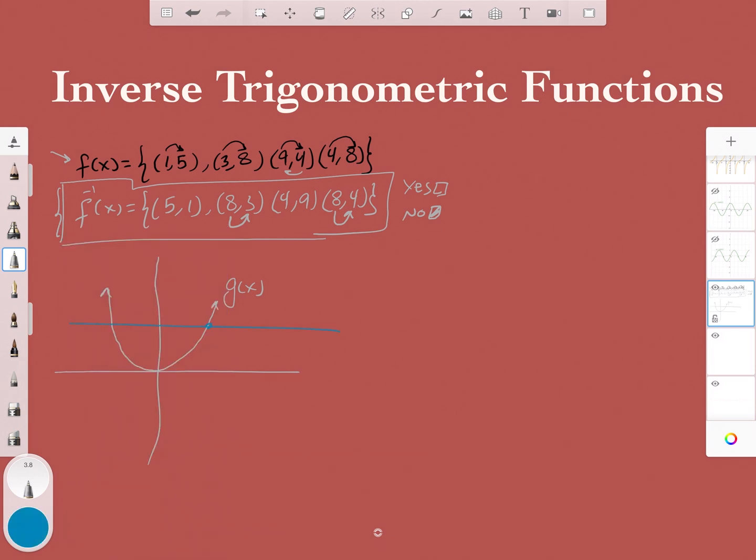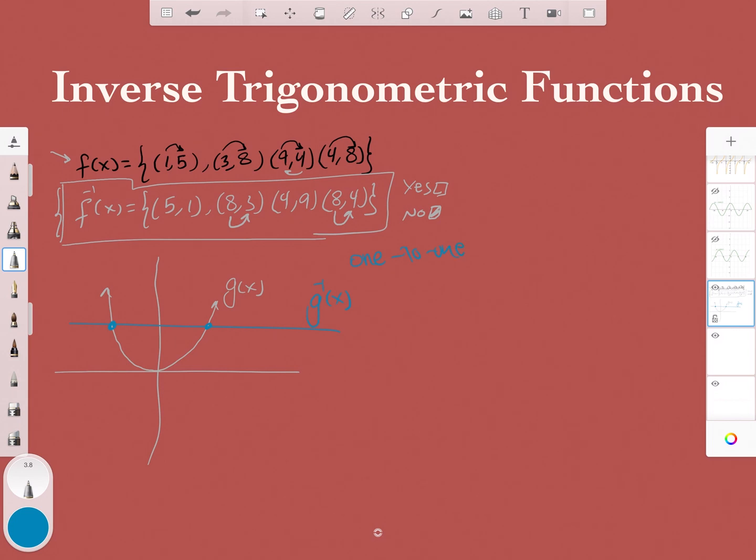If we cross more than 1 point, then the inverse of that is not a function. So here, g inverse is not a function. And if the inverse of a function is not a function, those types of functions are not one-to-one.